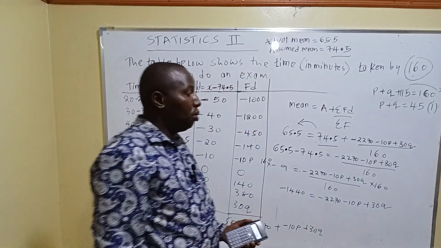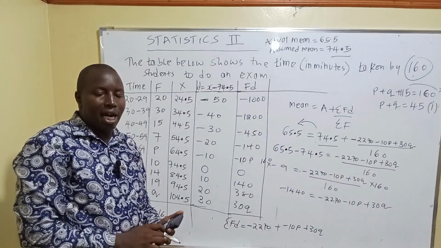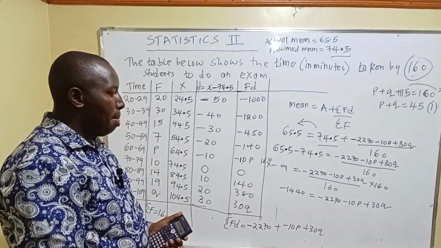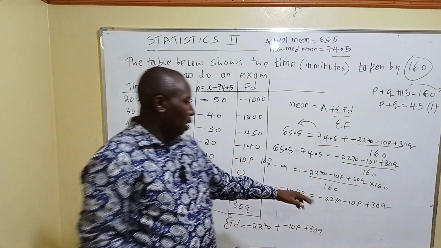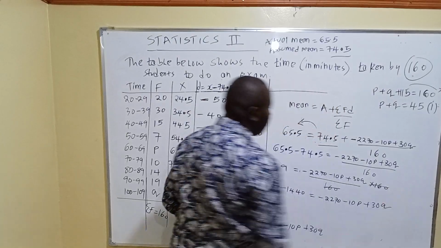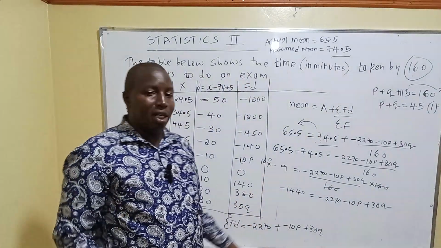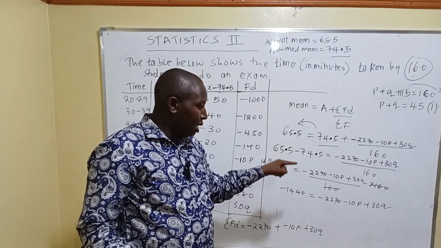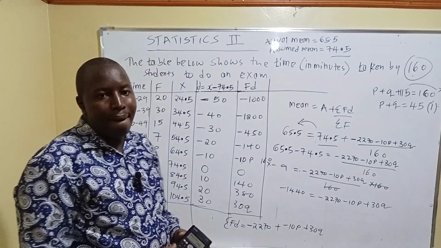I want us to form the second linear equation. So once you get to that, multiply both sides by 160, so this cancels the denominator.